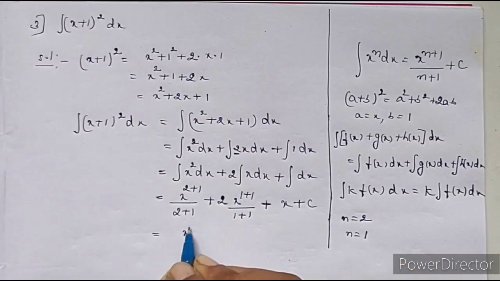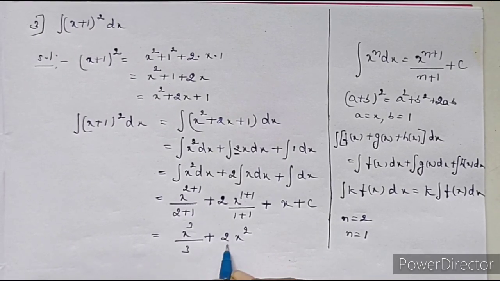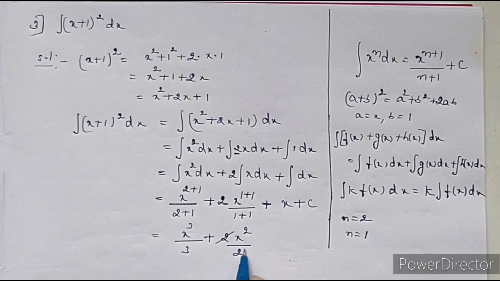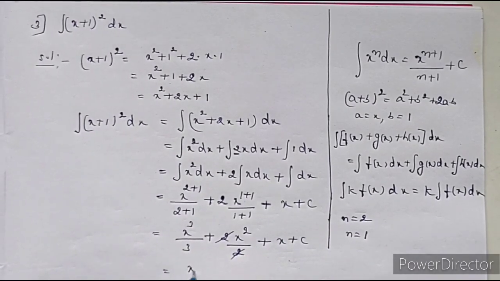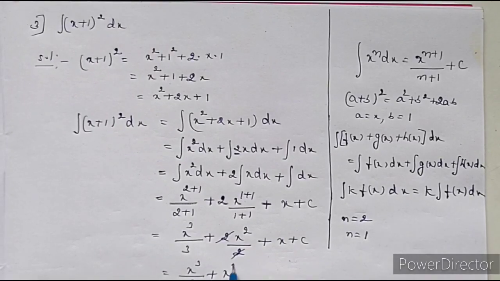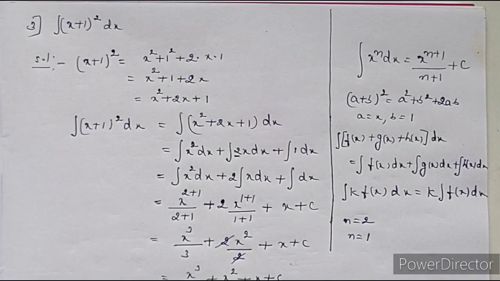So that is x cube, 2 plus 1 is 3, divided by 3, plus 2 x square divided by 1 plus 1 is 2. Here you can simplify, the 2 cancels, plus x plus c. So that is equal to x cube by 3 plus x square plus x plus c.